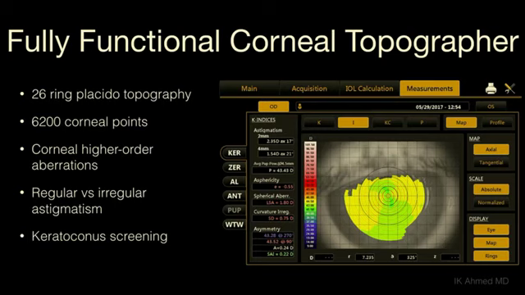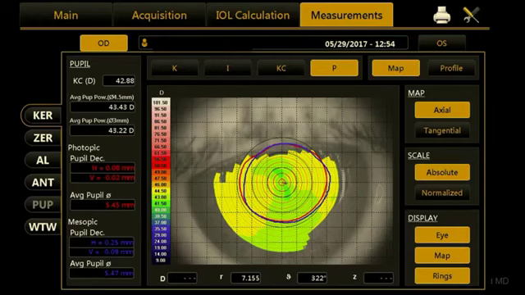I do like looking at aberrations for lens selection. I like using it for counseling patients for expectations in terms of what to expect. And I use that along with pupil size to tell me how relevant those corneal aberrations will be.